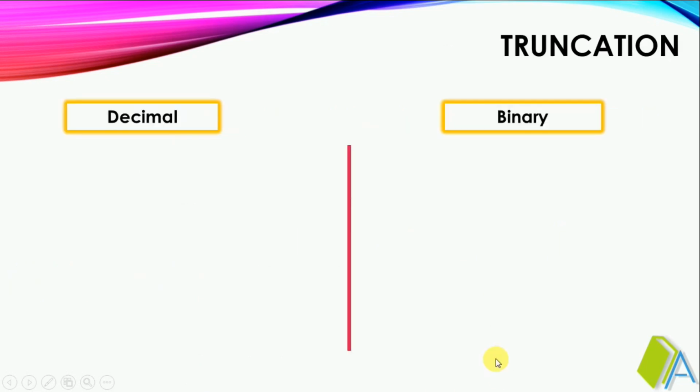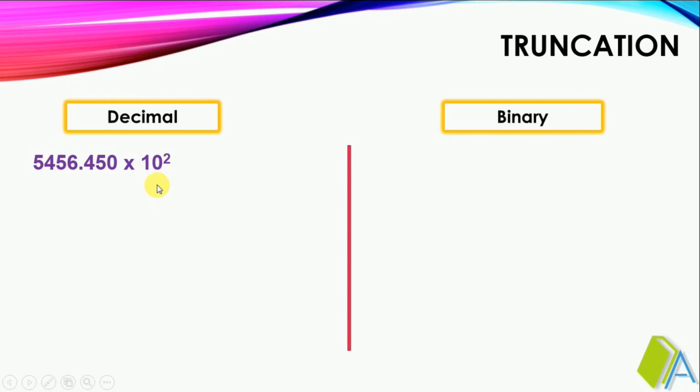The next concept is truncation. Truncation can be applied in any base, like decimal as well as binary. In this example, we have to truncate this particular number based on the question.